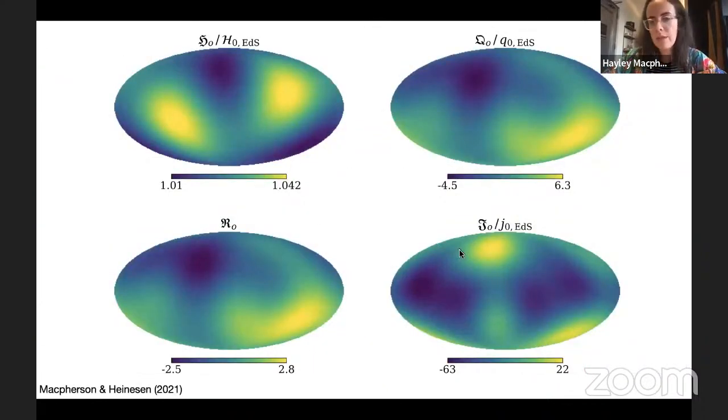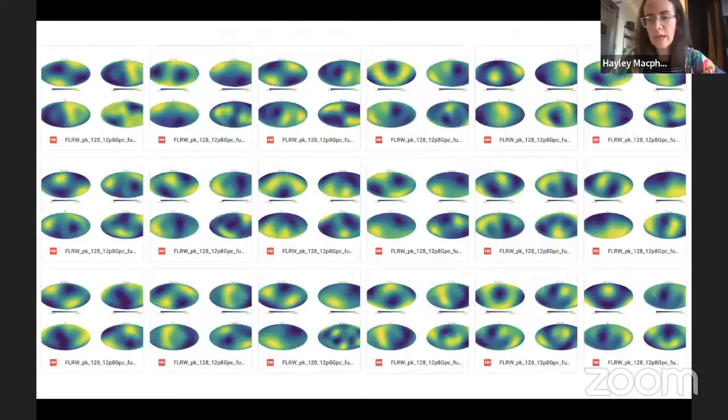In the Hubble parameter and the jerk parameter, we typically have a quadrupole dominating. So if I cut the sky in half in the way I've done here, that's not going to make much difference to the average over this half as opposed to the whole thing. But if we have a dipole dominating the signal, then cutting it in half is obviously going to make a very big difference to the resulting average.